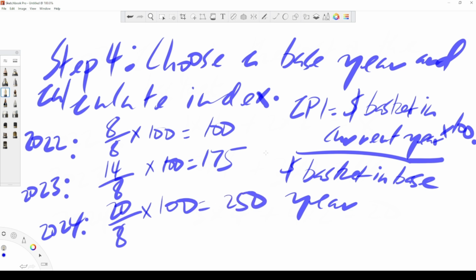Now note here that an increase in the CPI as compared to the base year reflects an increase in prices. If you notice that your CPI has increased relative to the base year, it means there's an increase in prices.